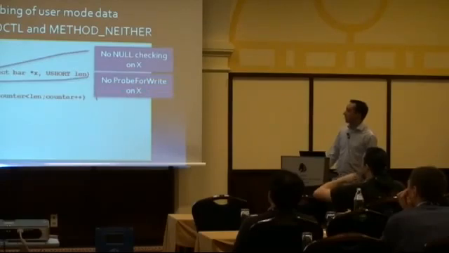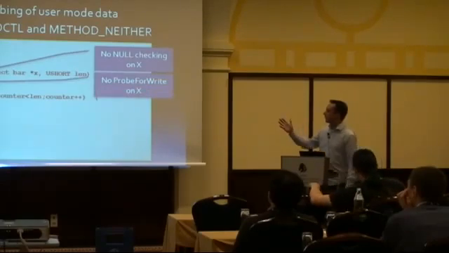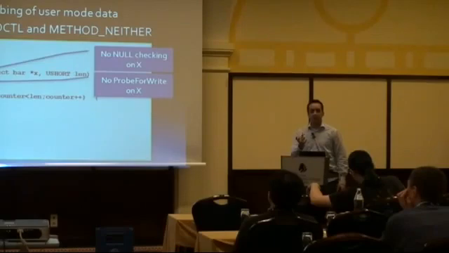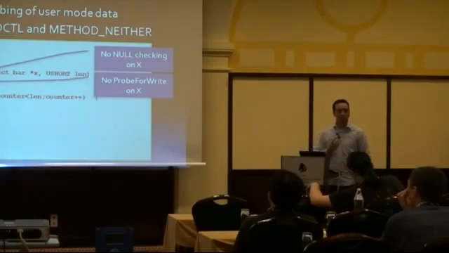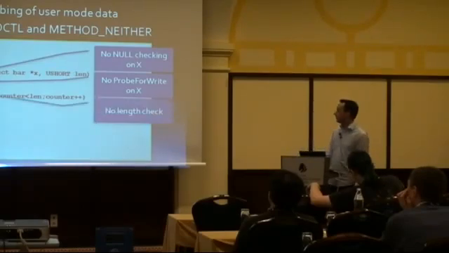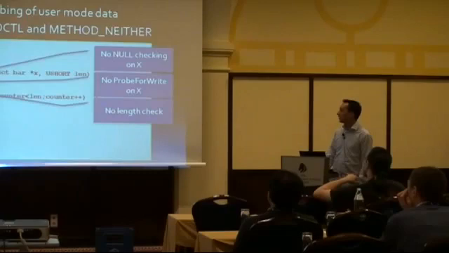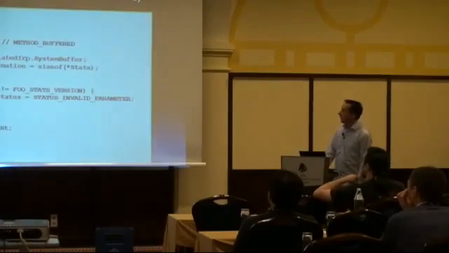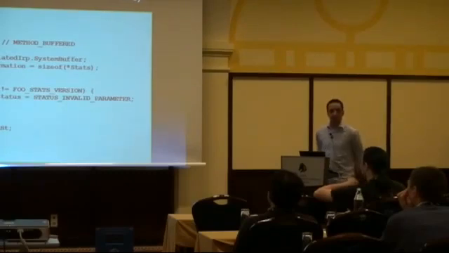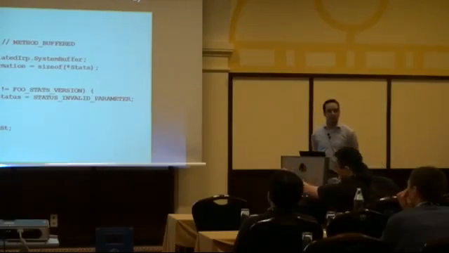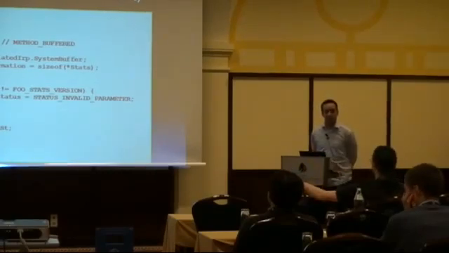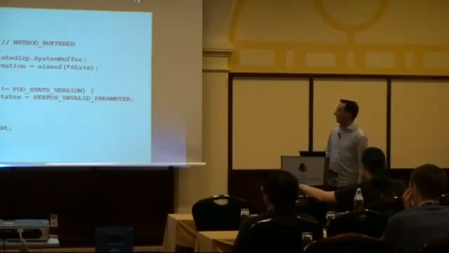No probe for write on X. So for example, if we're going to return data to the structure bar, we need to probe it for write. No length check. Probably bar was not allocated with a sufficient length, etc. As I already said, null derefs are exploitable in Windows, same as Linux, as Spender showed us this month.